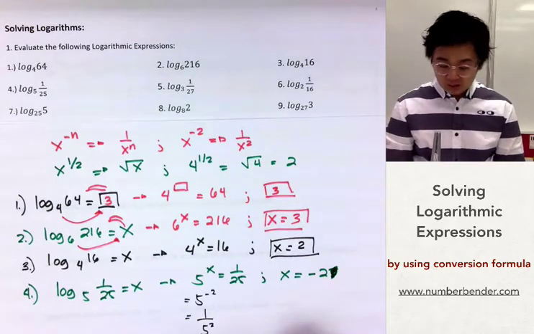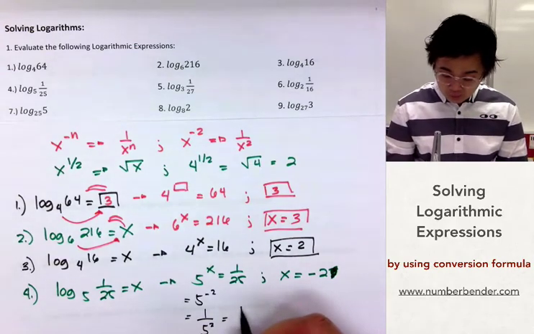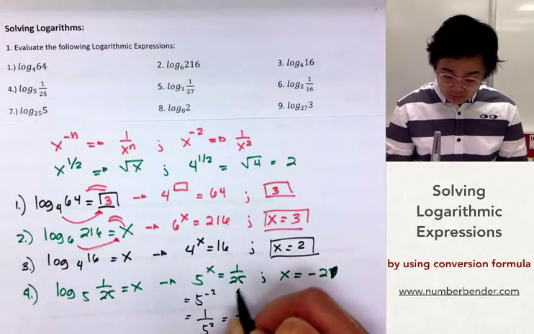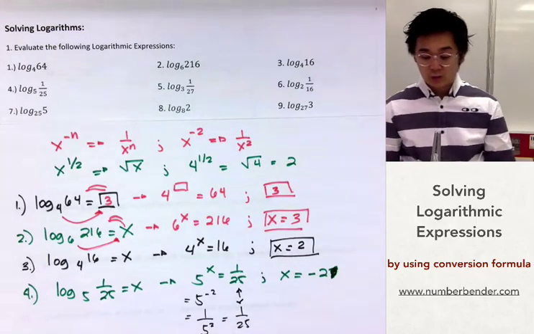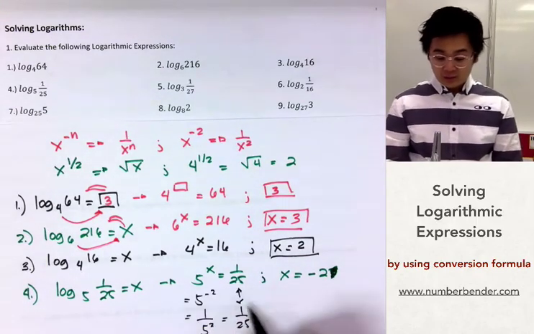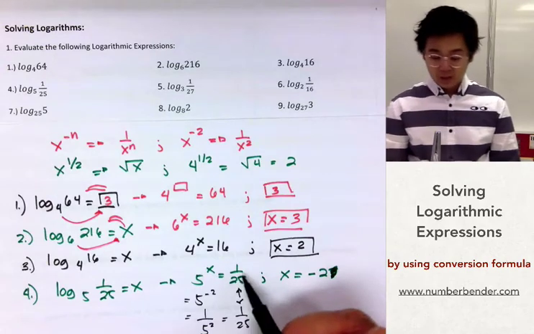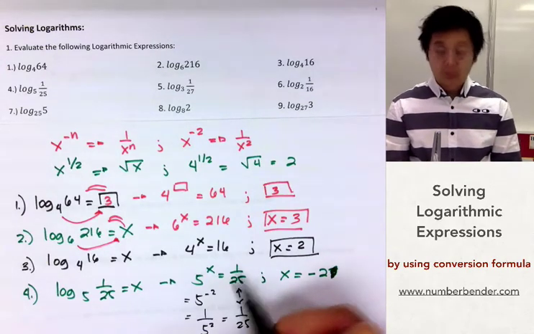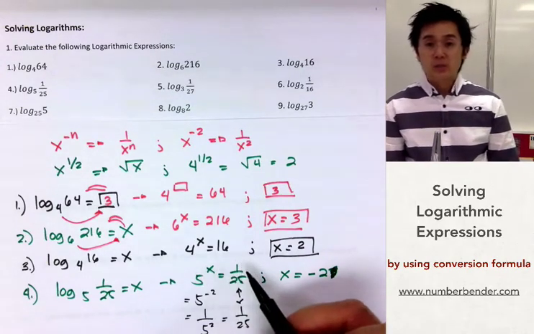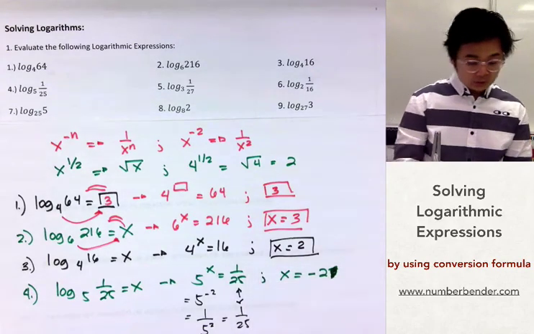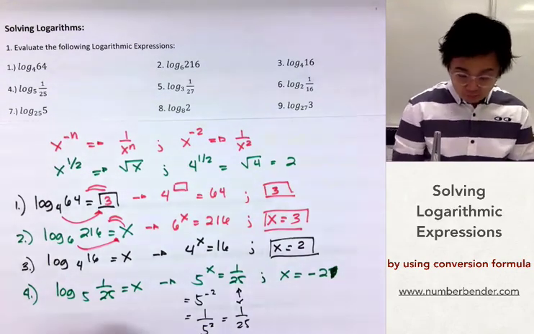To make it a positive exponent, I'll end up with 1 over 25, which is the same as the number we are looking for. So it's safe to say that whenever we see a fractional value in our exponent, most likely we're going to be using a negative exponent. So let's go ahead and try it with problem number 5.